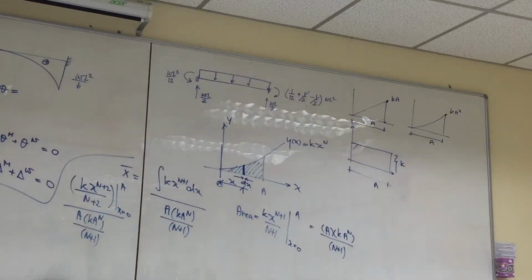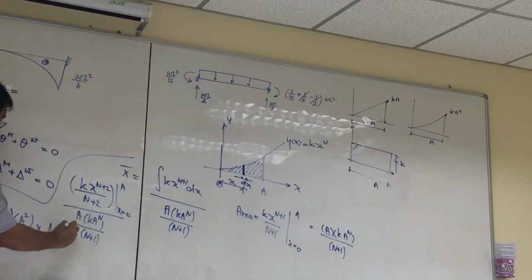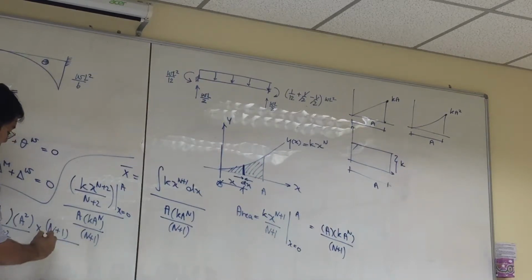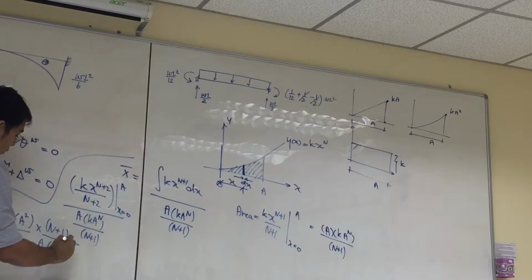So your x bar is equal to ka to the n plus 1... a squared, divided by n plus 2, multiplied by n plus 1 divided by ka to the n.